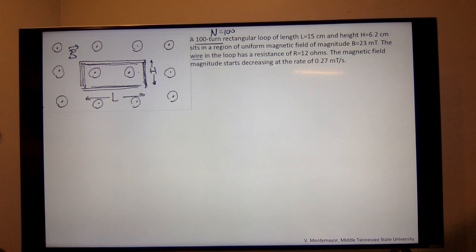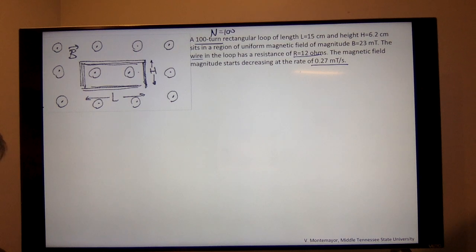The wire has a certain resistance, and then it says that the magnetic field is going to start decreasing at this rate in millitesla per second.